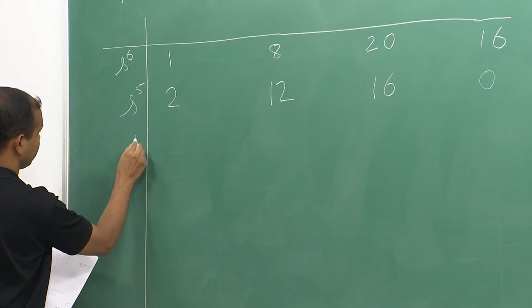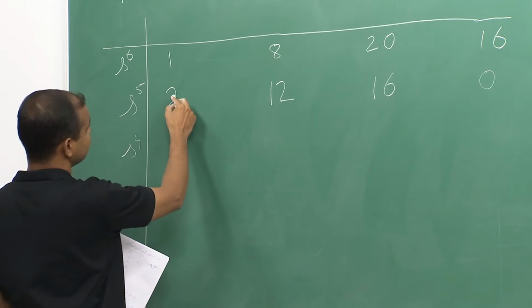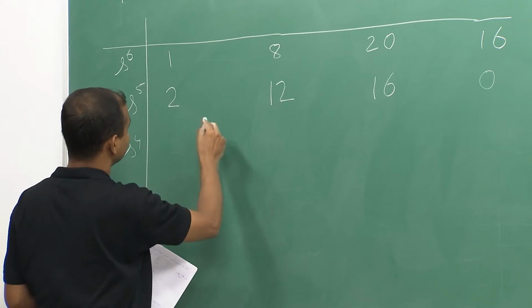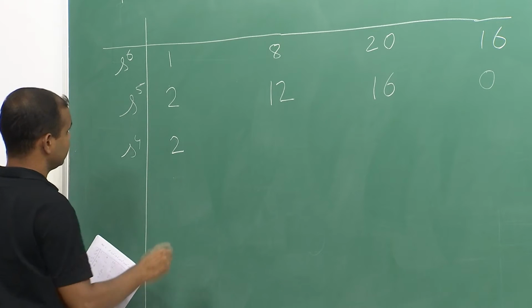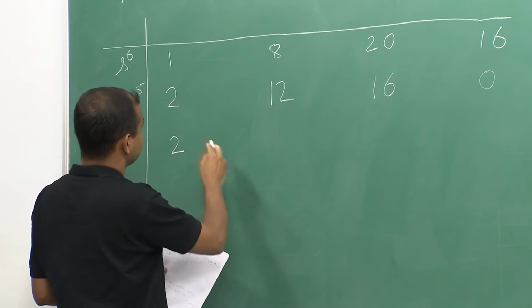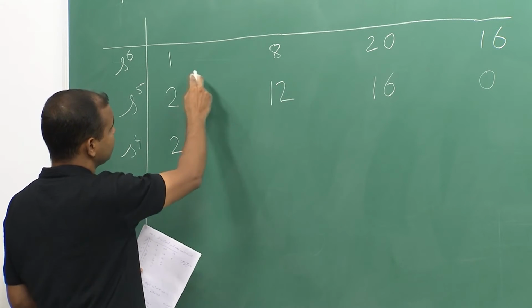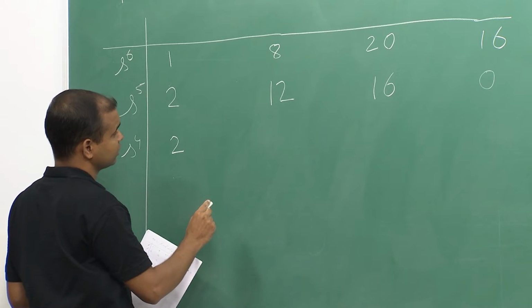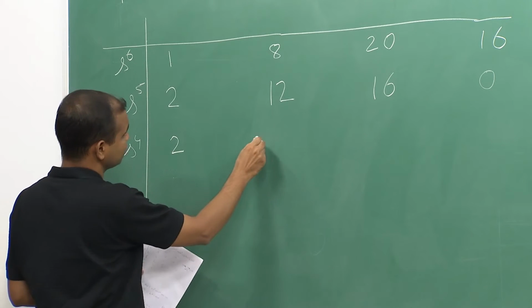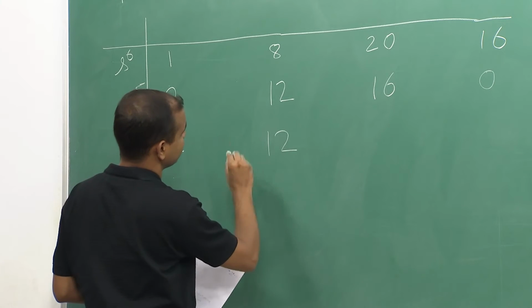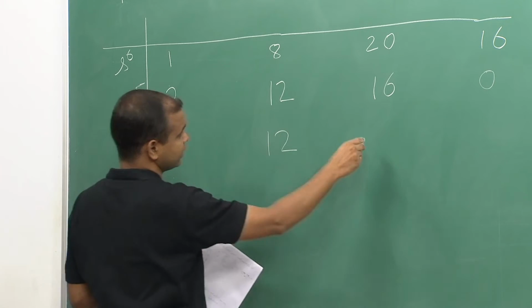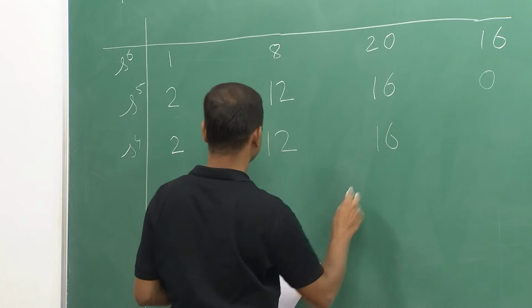So, for the s to the power 4, if I multiply 8 into 2, 16 minus 12, 4 divided by 2. So, this will be 2. 2 into 20, 40 and minus 16, 24 divided by 2. So, this will be 12, and here I can write the 16 directly because here is 0.